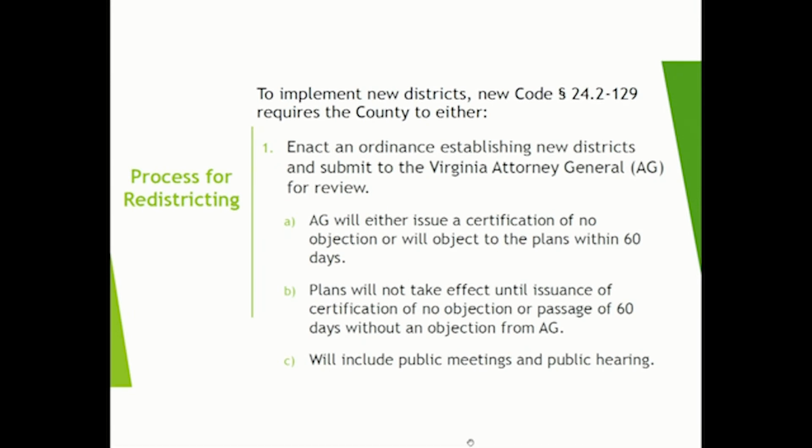So the process that we would follow, there actually are two processes that are driven by the new state voting rights act, the new state equivalent to what we used to deal with on the federal level, which was struck down as unconstitutional. Interestingly, it was struck down because the Supreme Court ruled that's a state function, not a federal function.